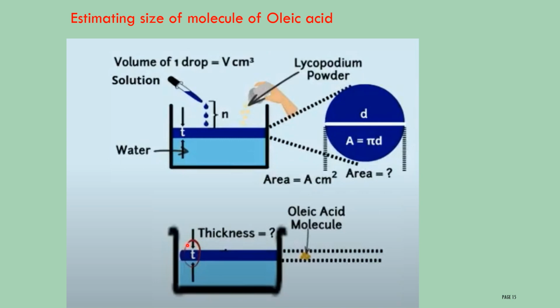Then the thickness of this circle will correlate with the size of an oleic acid molecule. Then you have to find the thickness or size of an oleic acid molecule. Let us discuss in detail how to calculate the size of an oleic acid molecule.